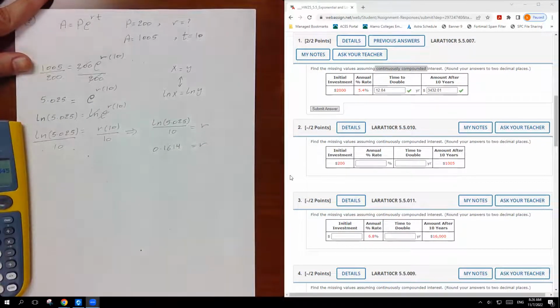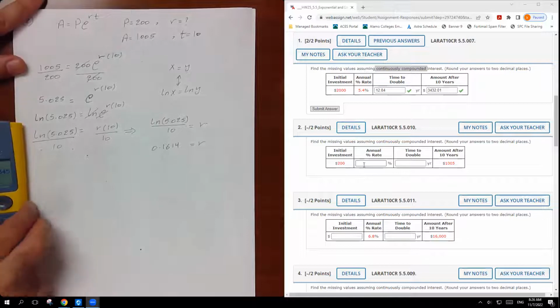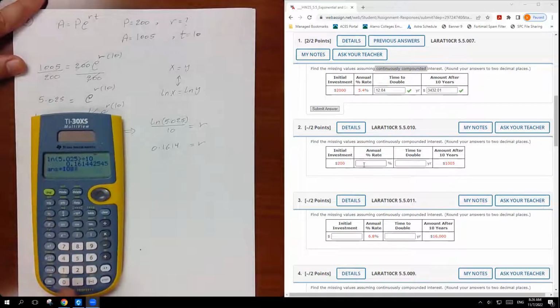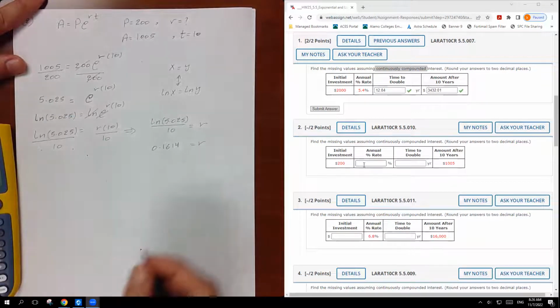Okay, so this is our rate, but we need to write down the rate as a percentage. Now our rate is not a percentage because always we have to write down the rate as a percentage. So what are we gonna do? Instead of dividing, we're gonna multiply. So we're gonna multiply this number by 100. So it's gonna be 16.14%.